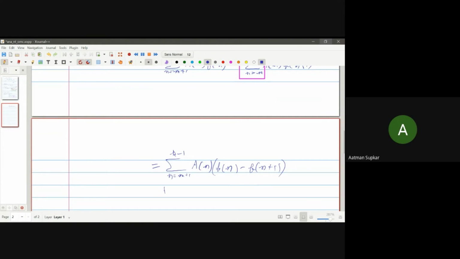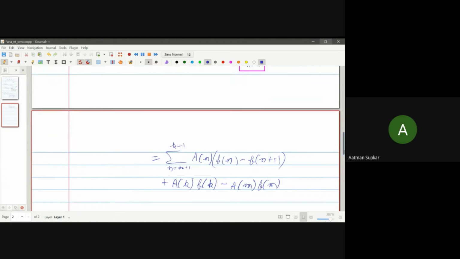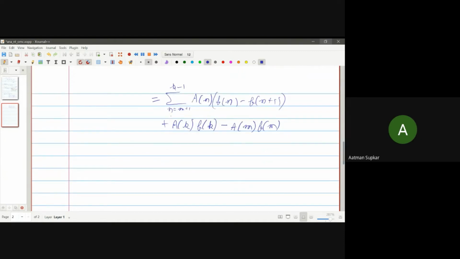That is plus a k f k minus a m f m. So do you see we almost already have the form for the things outside the integrals over here. This is mostly what we wanted. We can do some tweaks over there. We just want an integral sign over here.